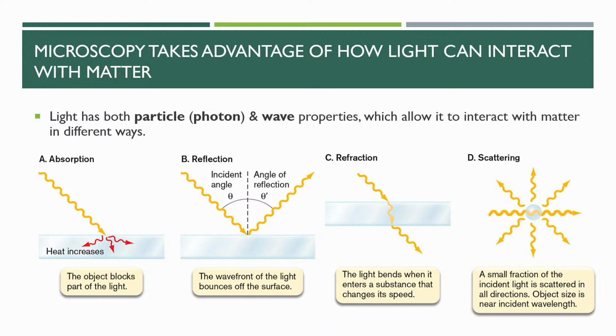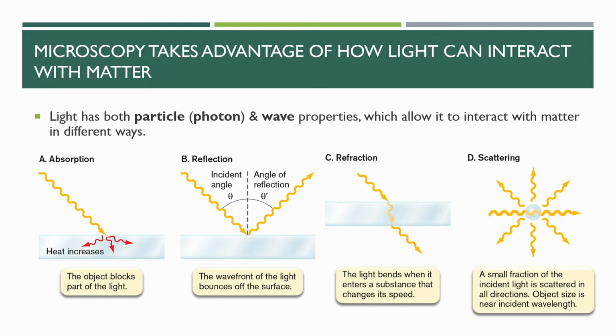Refraction is an important one that we'll be talking about more than the others. It's when light hits the surface and then it bends, and because it bends, it changes its speed, and then when it leaves the surface, it bends back and changes speed again. So it's able to go through and it gets refracted.